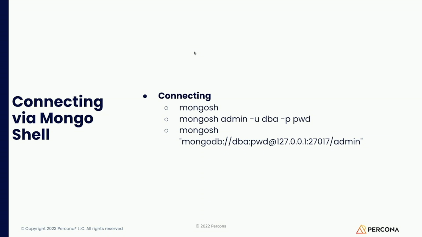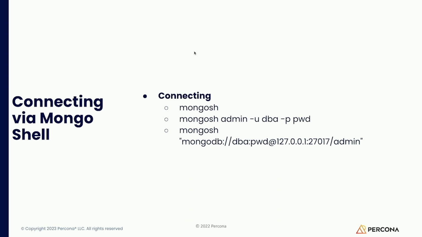So, to connect via the Mongo shell, in your test instances, you can simply type mongosh and hit enter, and it should connect. In case you had a password configured, the way to connect would be to specify first the authentication database, which by convention is admin, and then the user and password.